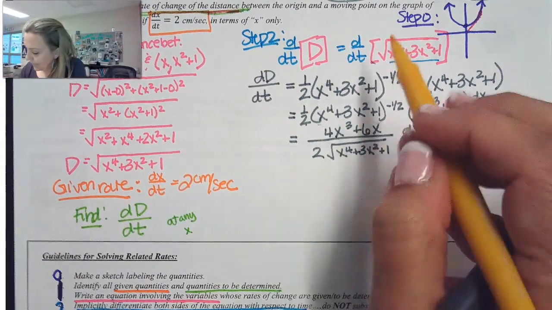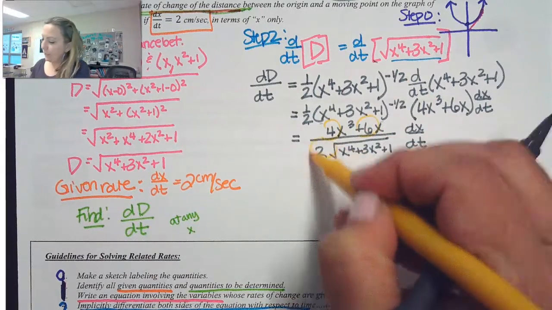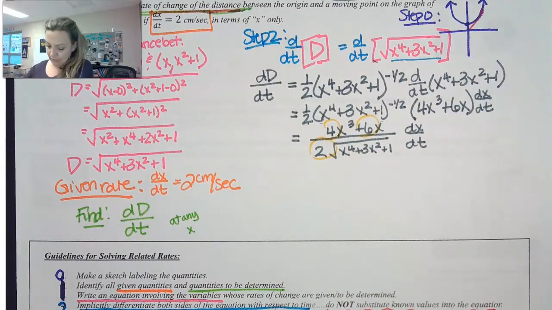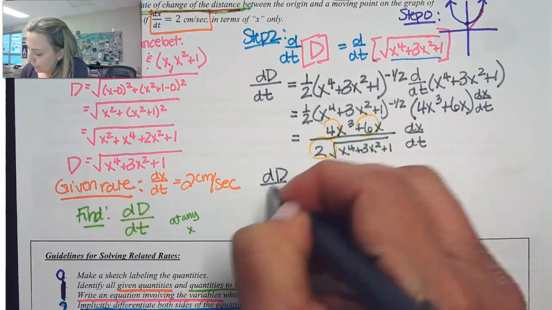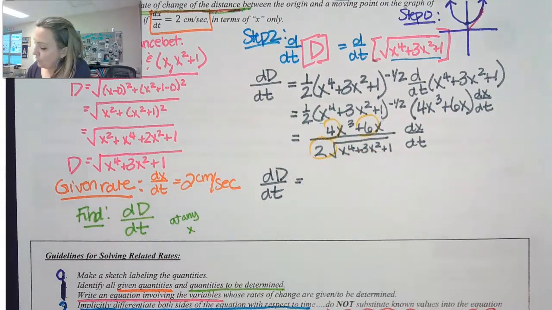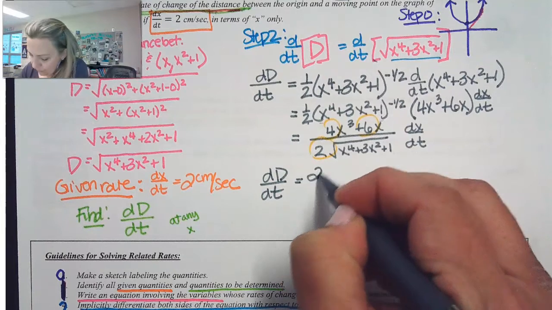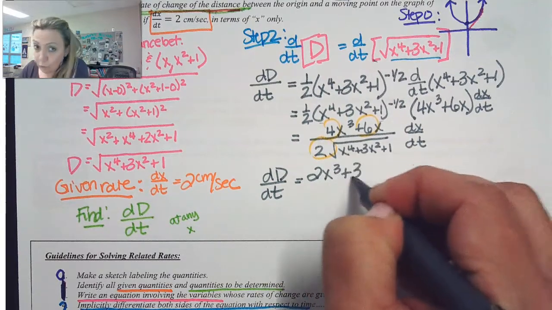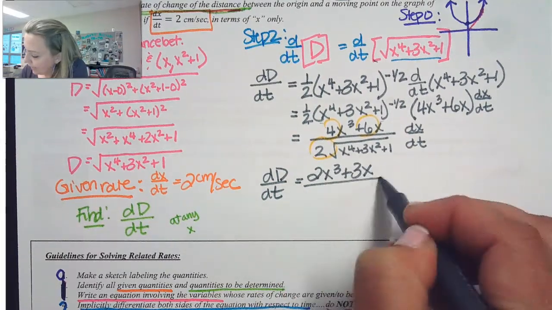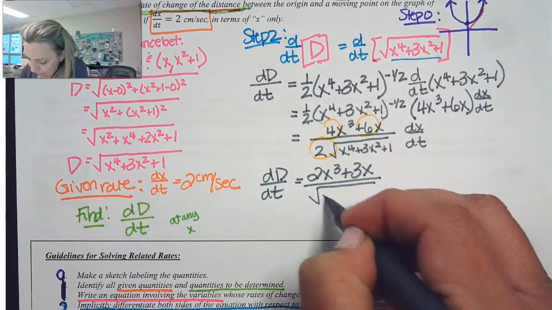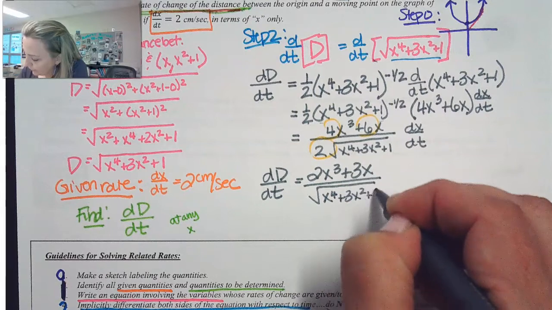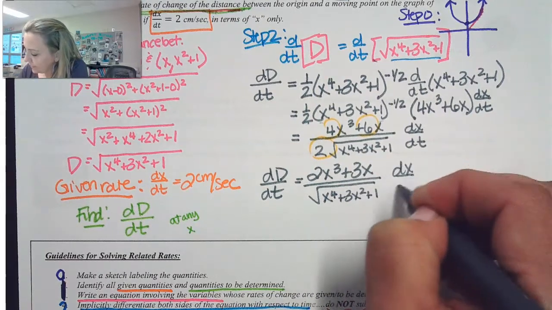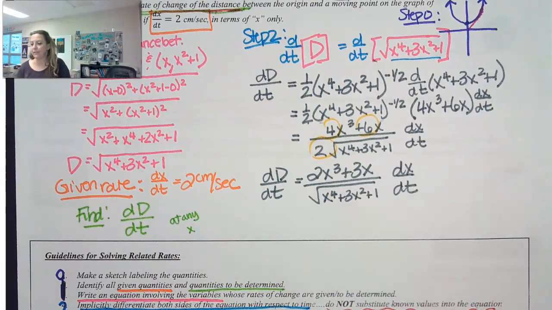Oh, look, here we go again, we've got 3 terms involved that are all even. So the derivative of the distance with respect to time, I could write as 2x cubed plus 3x all over the square root of x to the fourth plus 3x squared plus 1 times dx/dt. Okay, so that's our step 2.